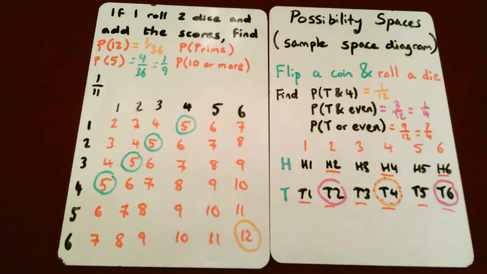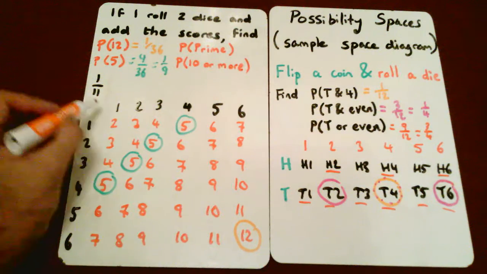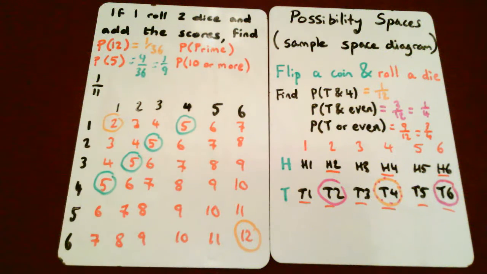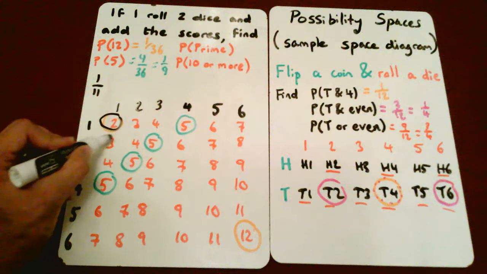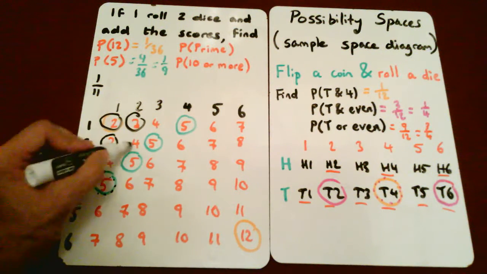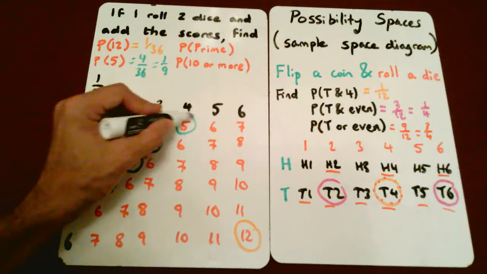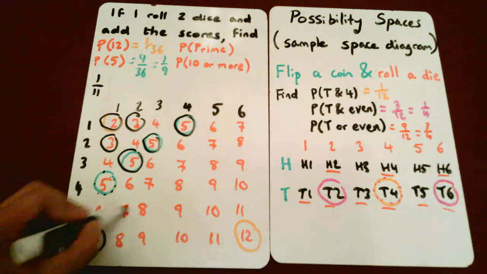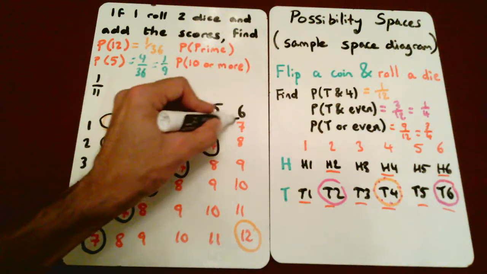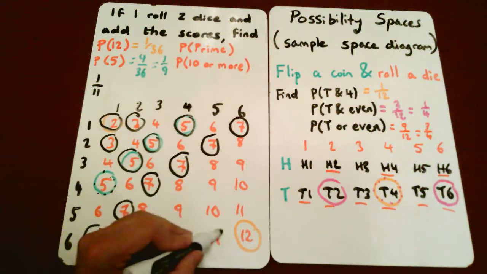But the next question is the probability of getting a prime number. So we actually need to list our prime numbers first. 2 is a prime number, 3 is prime, 5 is prime, 7 is prime, and then finally 11 is prime. 8, 9, 10, and neither is 12.